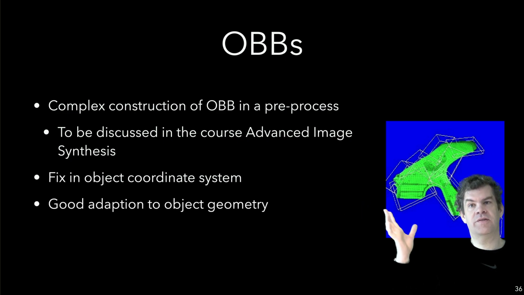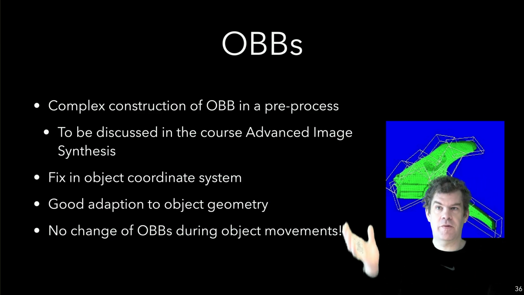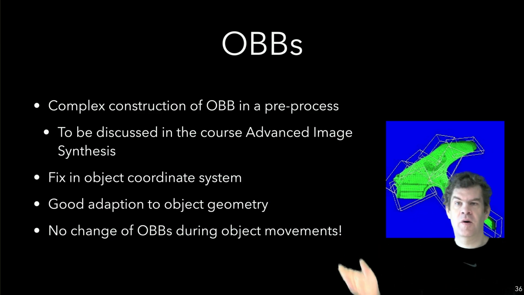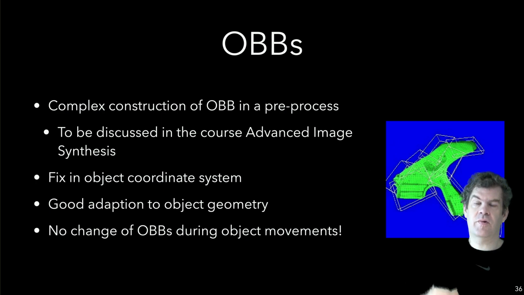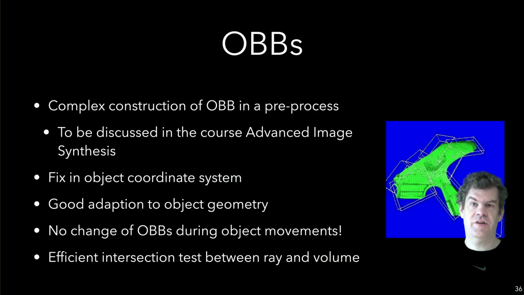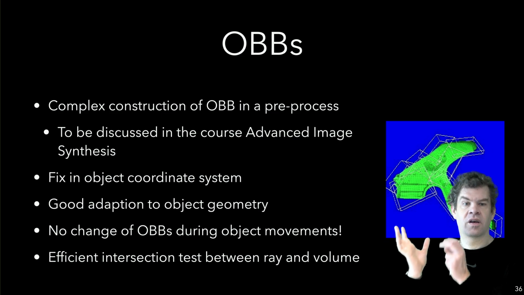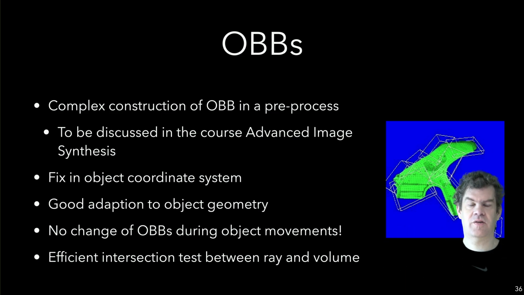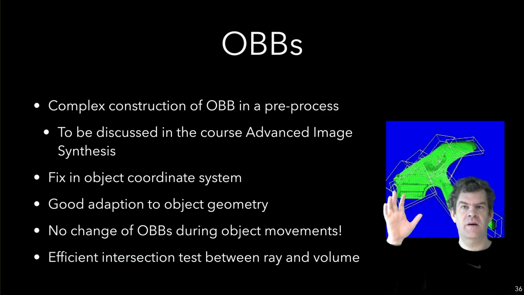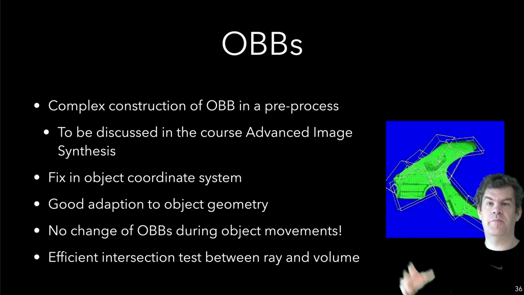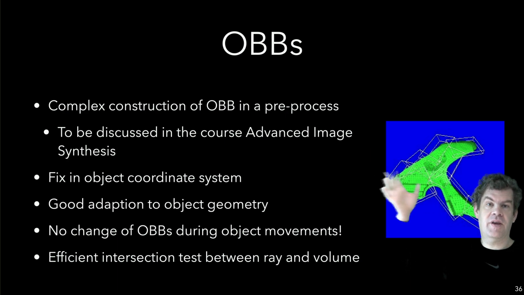So what is then the reason not to use them if we've got all of those positive things and that one negative thing is not such a big deal? Well, the big deal is, while there is an efficient intersection test, it is still slower than the intersection test with an axis-aligned bounding box. So we do have an efficient test, but it's more work. So the test is the hardest, and the pre-process is a little bit harder, and you gain something in between.